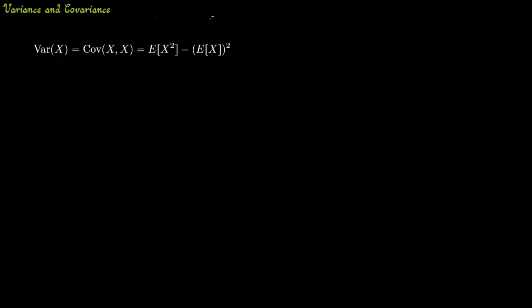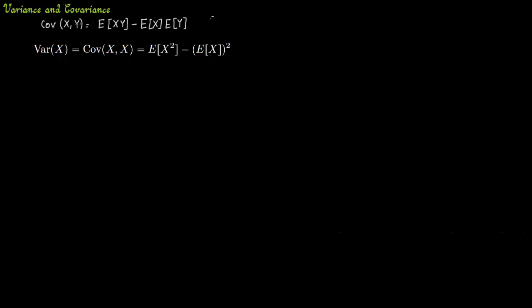So let us now talk about variance and covariance. So notice that covariance of x comma y is given as expectation of x times y minus expectation of x times expectation of y.